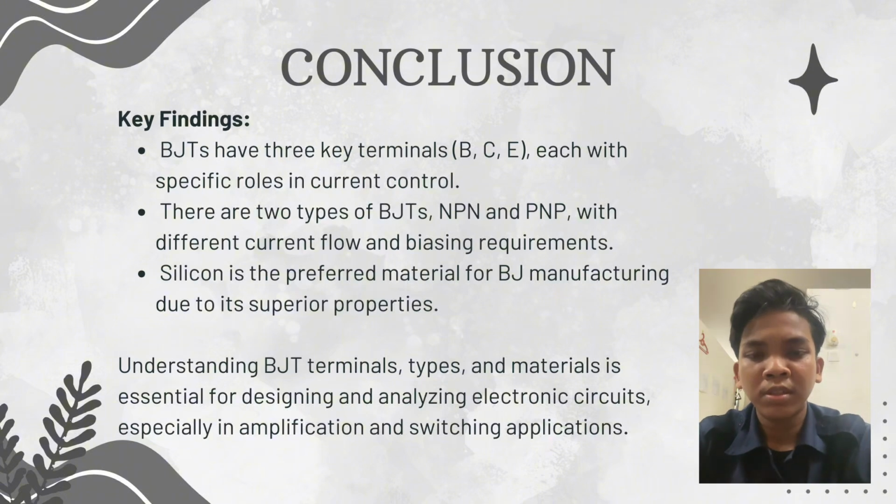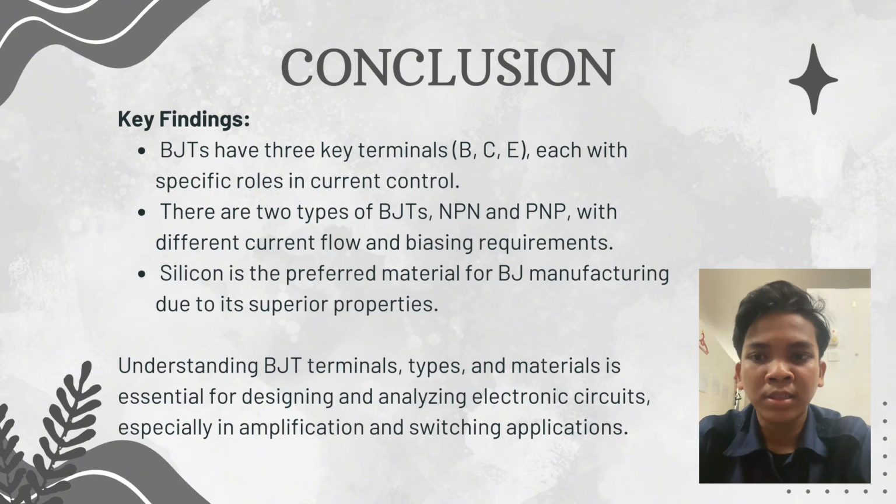For the conclusion of this generic skill, first, BJTs have three key terminals, which are base, collector and emitter, each with specific roles in current control. Second, there are two types of BJT, NPN and PNP, with different current flow and biasing requirements.